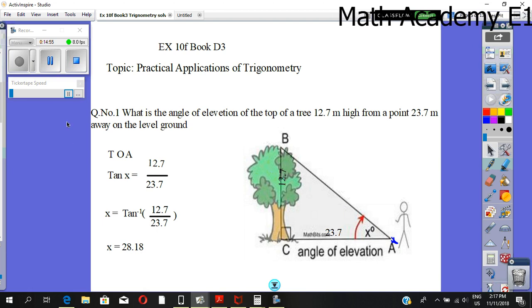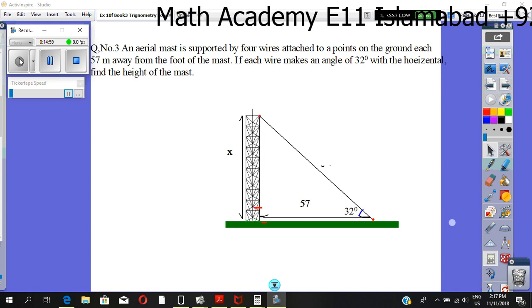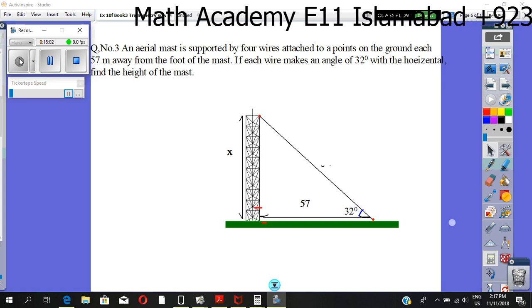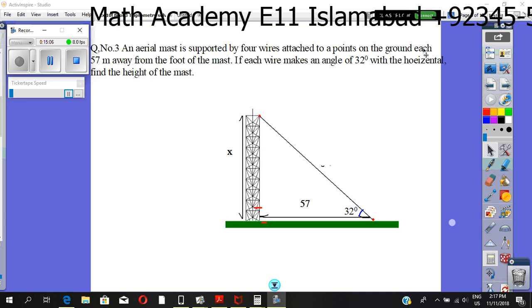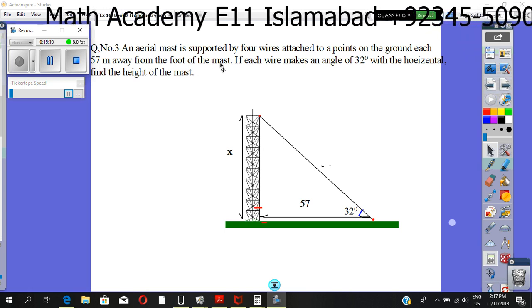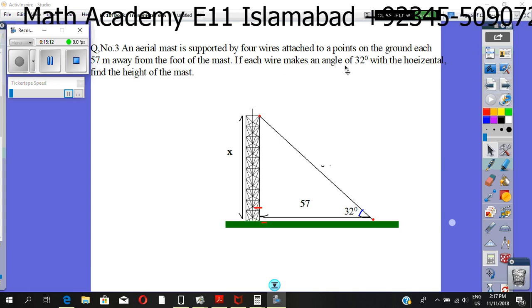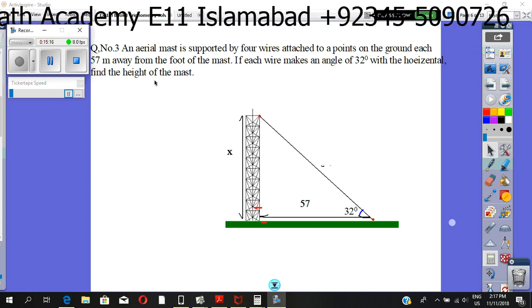In question number 3, an aerial mast is supported by 4 wires attached to points on the ground, each 57 meters away from the foot of the mast. If each wire makes an angle of 32 degrees with the horizontal, find the height of the mast.